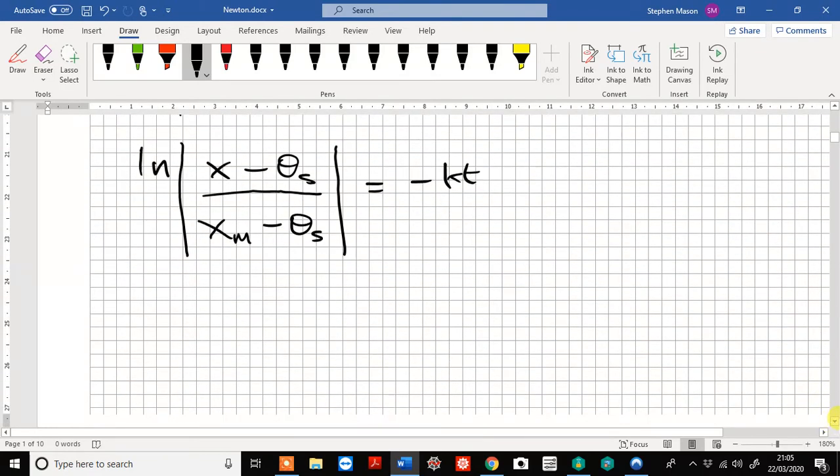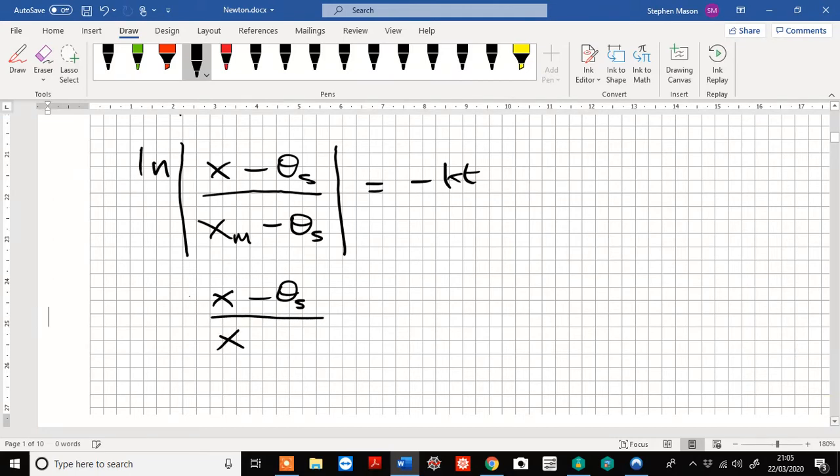Well, we don't want logarithms, so we take the exponential of both sides of this equation, which leaves us with x minus theta s over xm minus theta s, and that is equal to e to the minus kt.